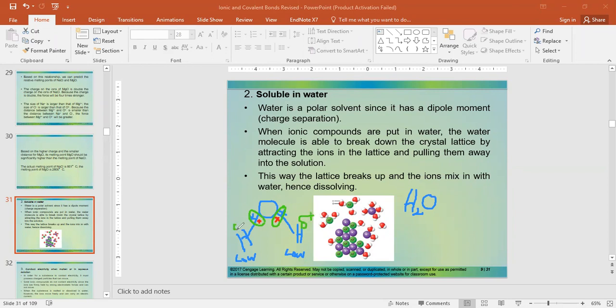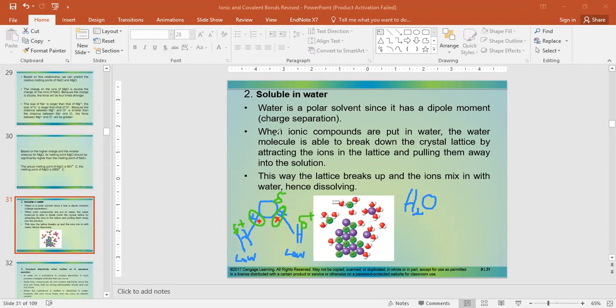This is also a partial positive charge, while this is a partial negative charge. And that is why we say that water is a polar solvent. It has a dipole moment. It has some charge separation. One part is negatively charged, the other part is positively charged.